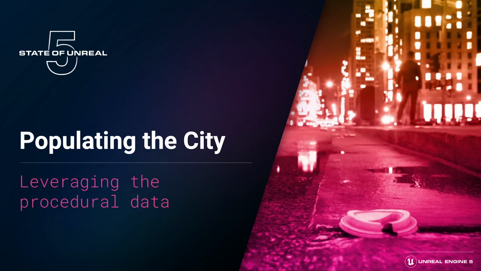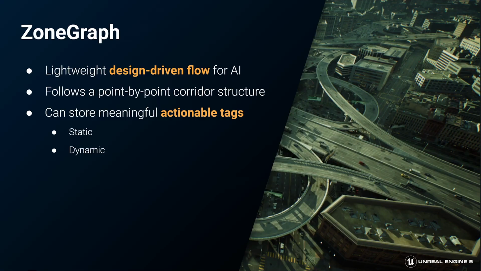Before getting into the specifics of the crowd and the traffic behaviors, let's link back to the procedural data that we leveraged to answer one of the two aforementioned Mass Spawner questions: where to spawn the entities. The answer to this question was the Zone Graph, which is another experimental feature coming with the Unreal Engine 5.0 release.